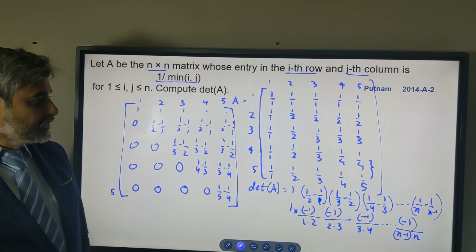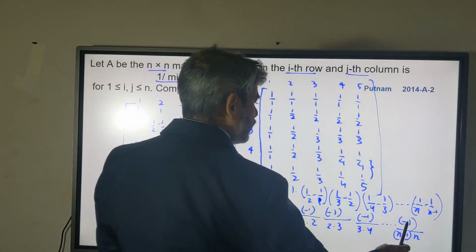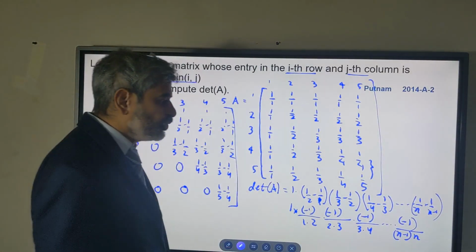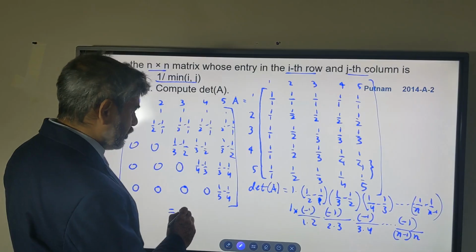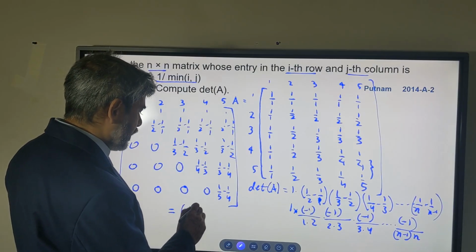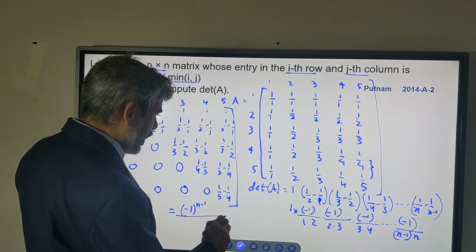So now let's collect all the minus 1 terms. There are n minus 1 terms. So I can write it as minus 1 to the power of n minus 1 divided by.